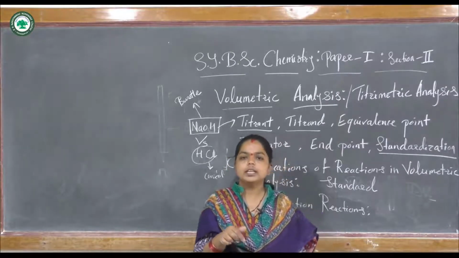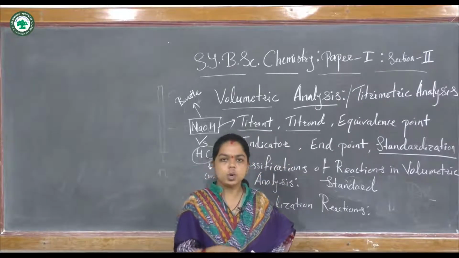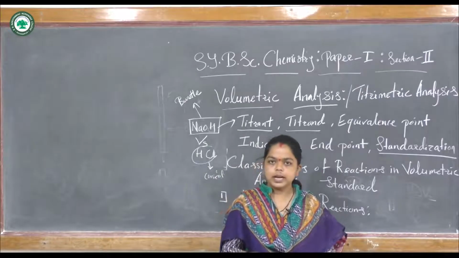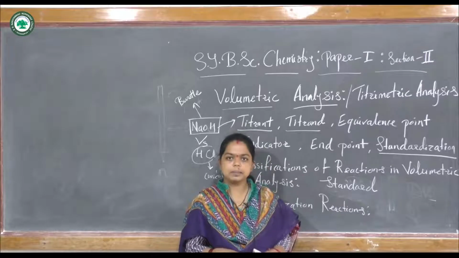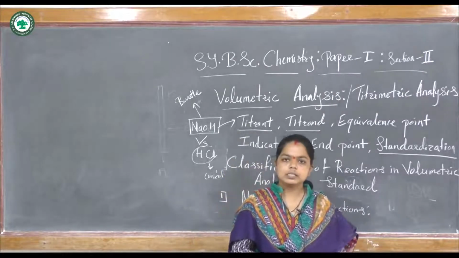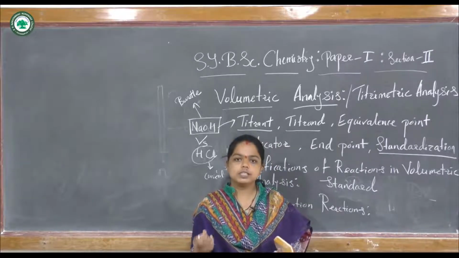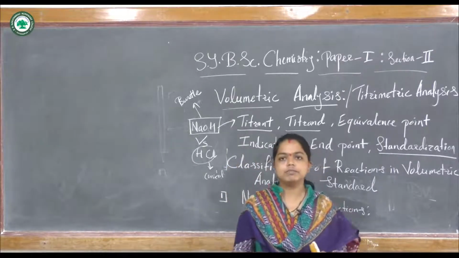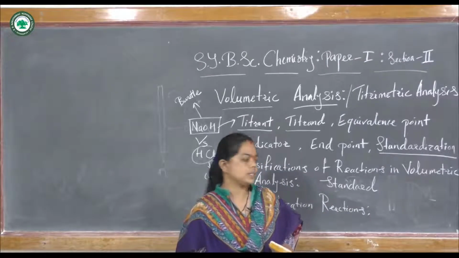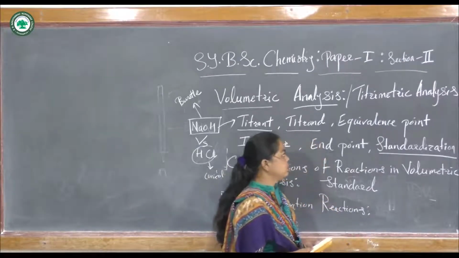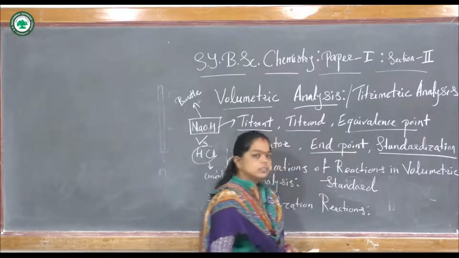That point is called the equivalence point or the end point. So in titration, when the reaction between the two solutions is completed, which is indicated by some physical change like a change in color, it is called the end point or the equivalence point of the titration.